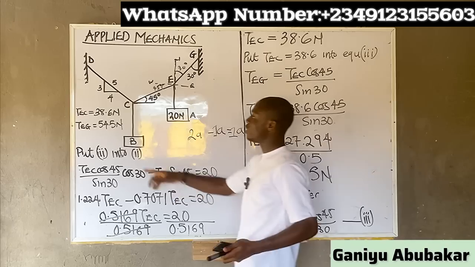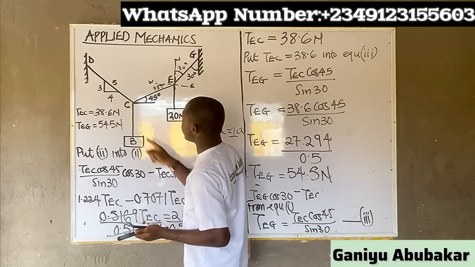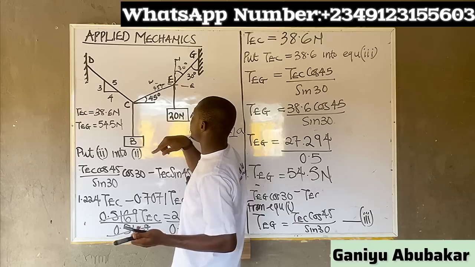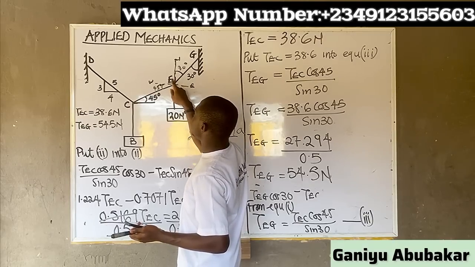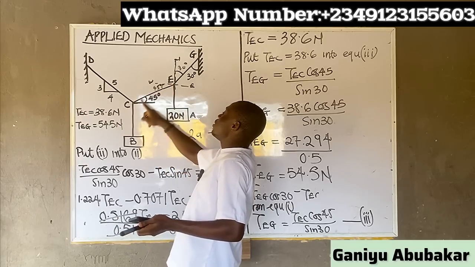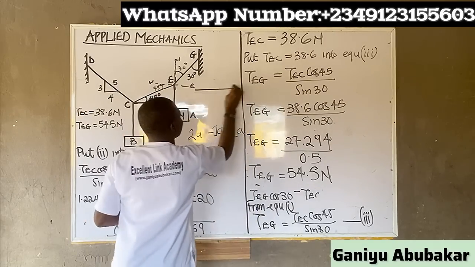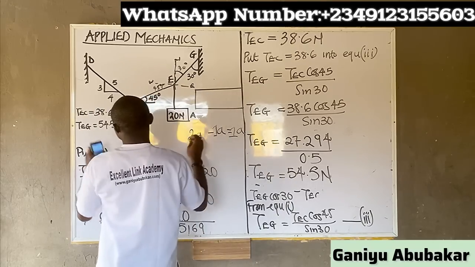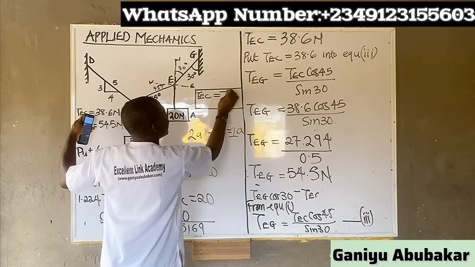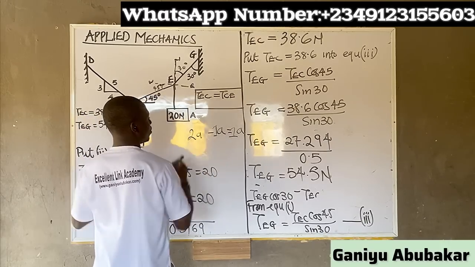So I've recorded the values here. The only thing left is to get the value of TCD. If I get TEC, I work with the same value for TCE. Please note that what we got was TEC, and TEC is the same as TCE.